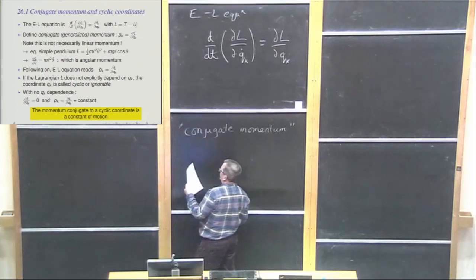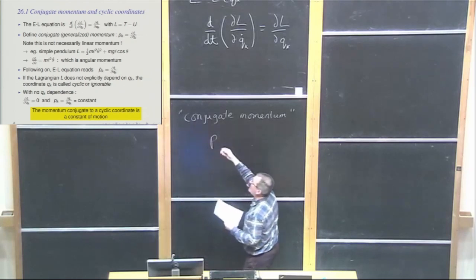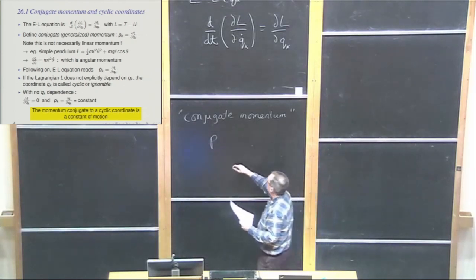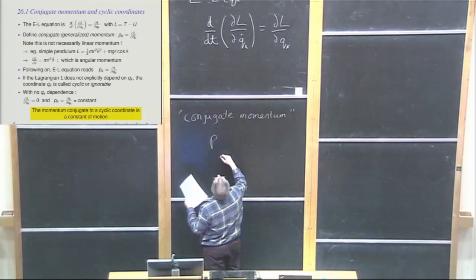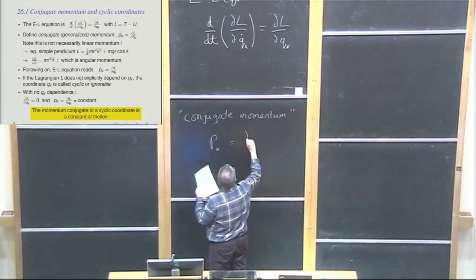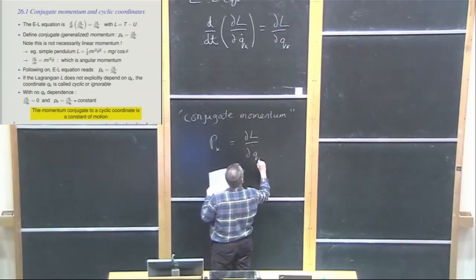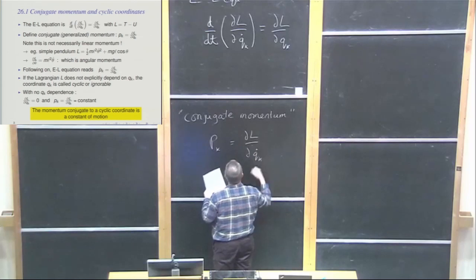That means if I've got the Lagrangian, I can define a momentum associated with the system, which I'm going to call p_k, which is dL by dq_k dot.